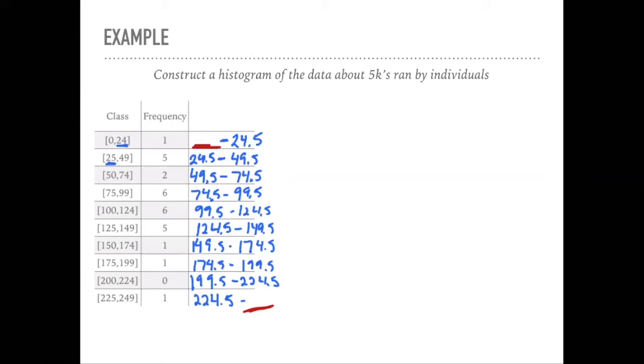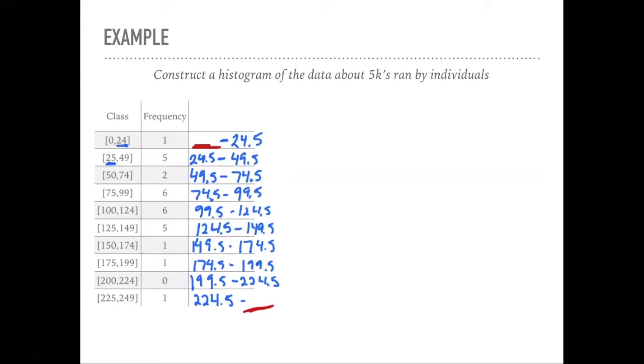We can also think of it as looking at the difference between consecutive boundaries, and saying, oh, hey, it should always be 25 between my boundaries still, just like it's 25 for my class width. And that can help us calculate it as well.